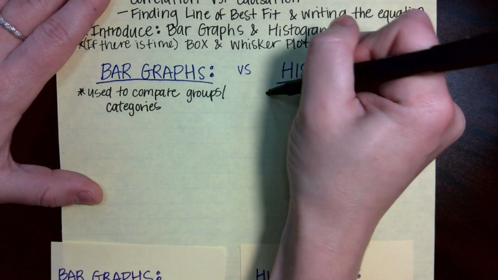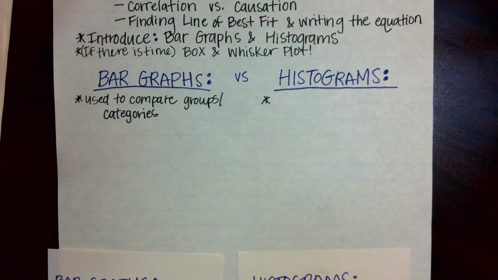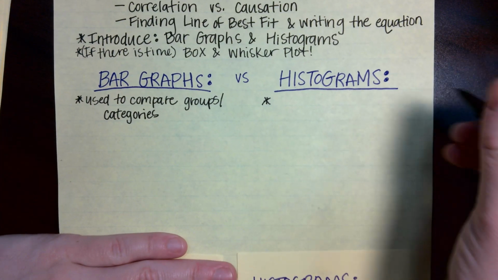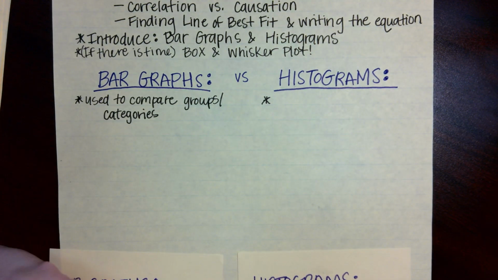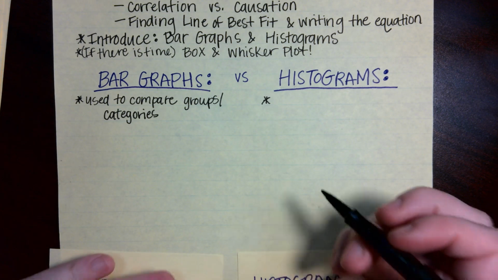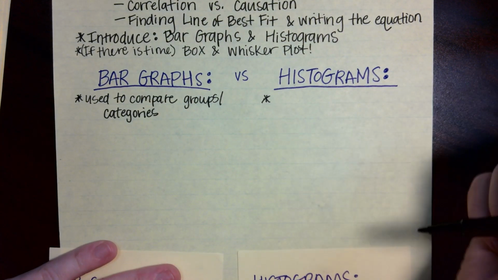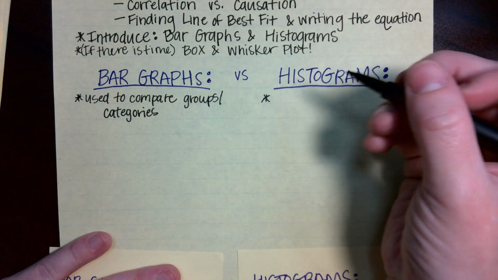And a histogram is used to show the distribution of data, basically to see how many fall into a certain interval or category. And that will make a little more sense if we look at the histogram. But I'm going to write this definition first, or the use.